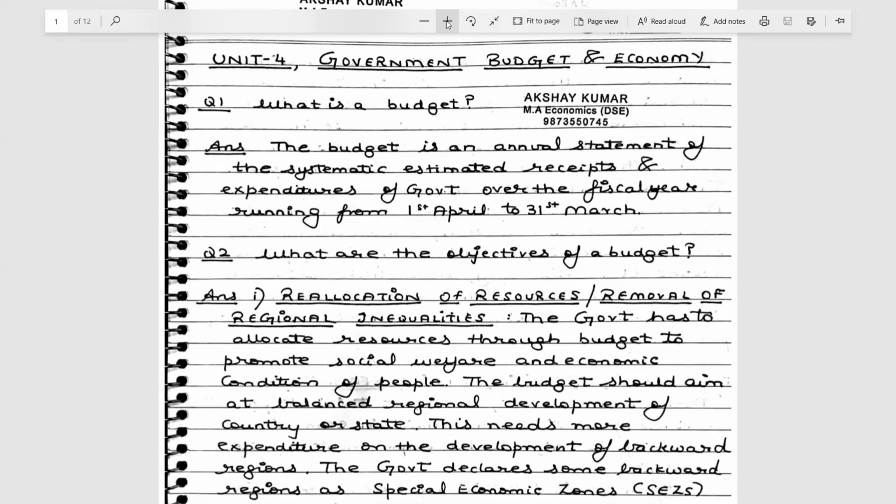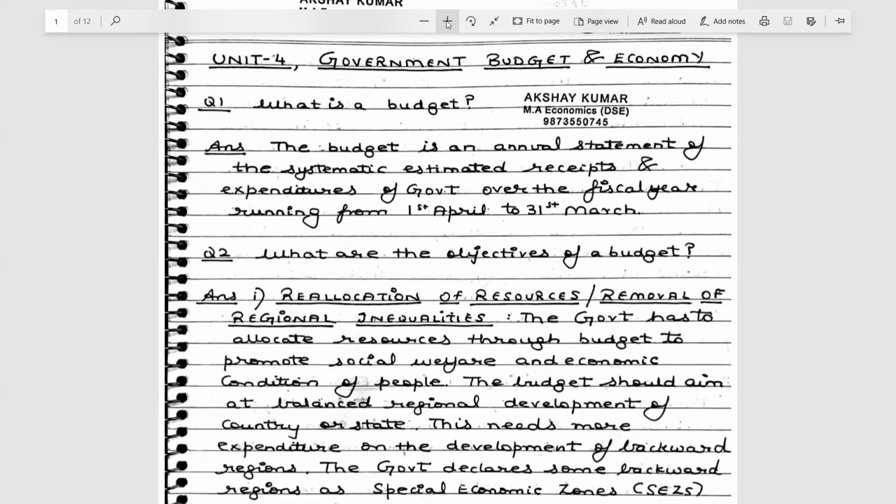We also call it the fiscal year. So, the first definition on your screens, what is a budget? Budget is an annual statement of systematic estimated receipts and expenditures of the government over the fiscal or financial year running from 1st April to 31st March.